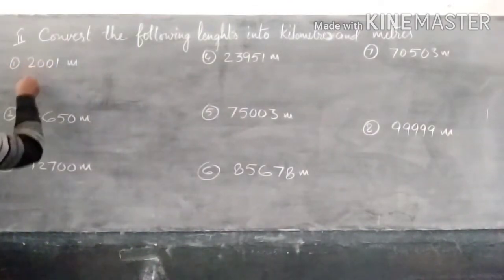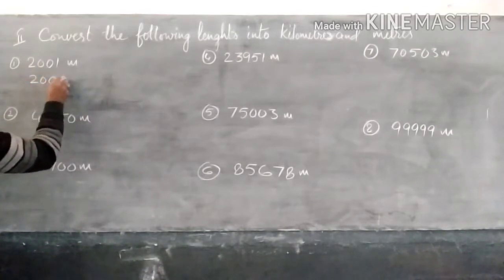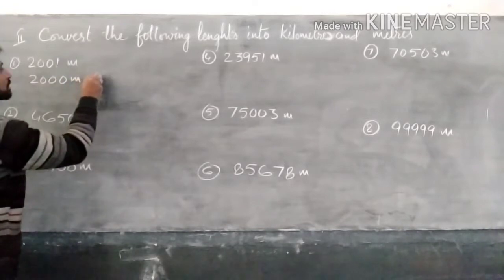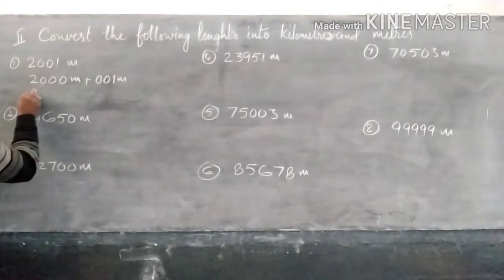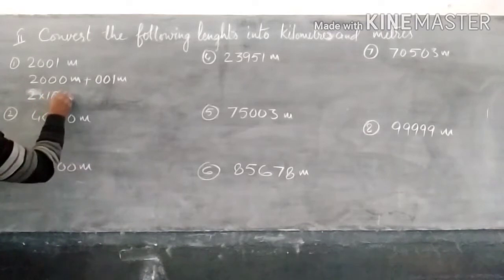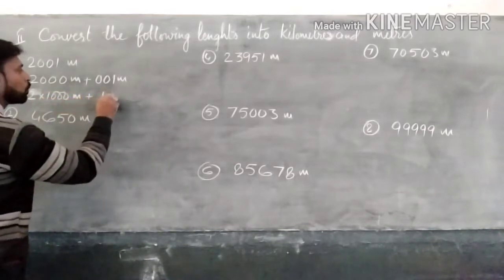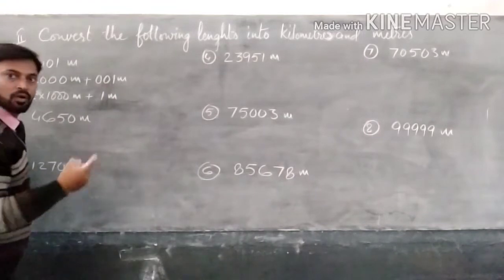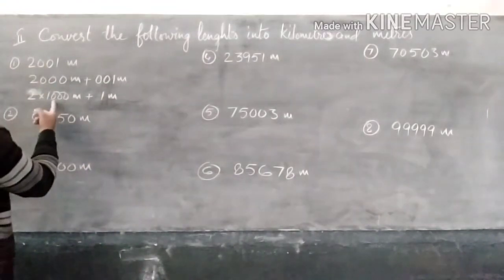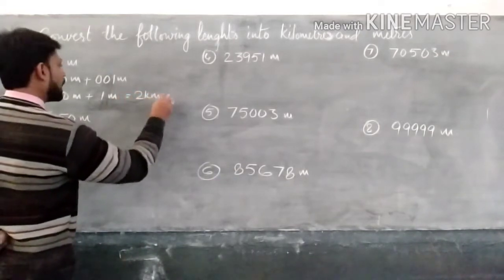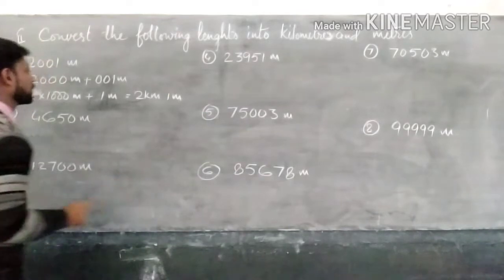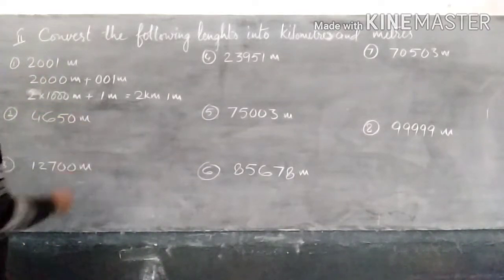So here we divide this as 2000 meters plus 001 meters. Then we can write this as 2 into 1000 meters plus 1 meter. 001 is what? 1 meter. So this 2000 can be written as 2 kilometers and 1 meter.